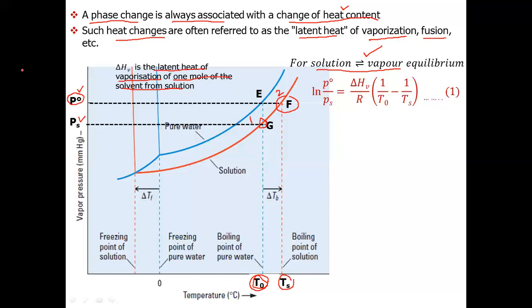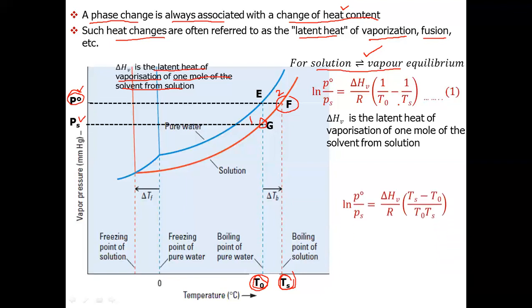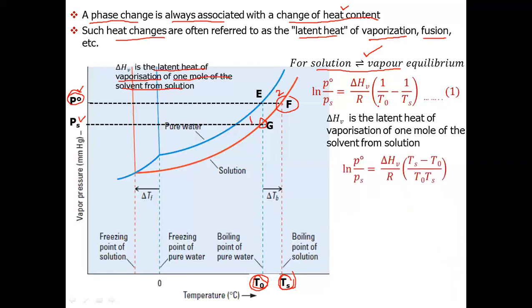At point 1 the temperature is T naught, and at point 2 the temperature is Ts. So it is 1 by T naught minus 1 by Ts. Now we will simplify the term in brackets.